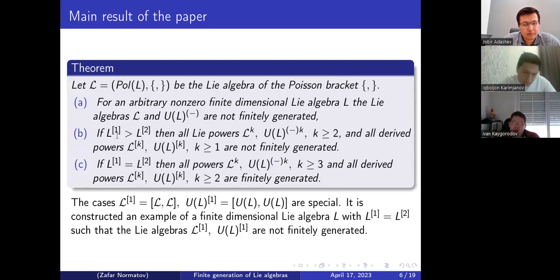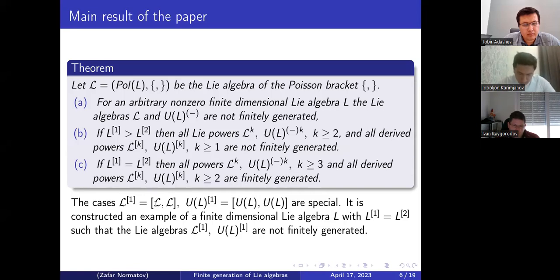And also if L power 1 is strictly greater than L power 2, then all Lie powers for k greater than or equal to 2, and all derived powers, are not finitely generated. If they are the same, then all powers starting from 3 and all the derived powers starting from 2 are finitely generated.